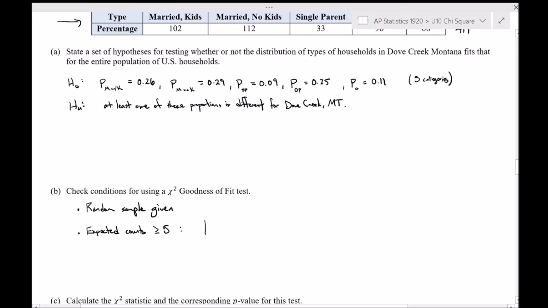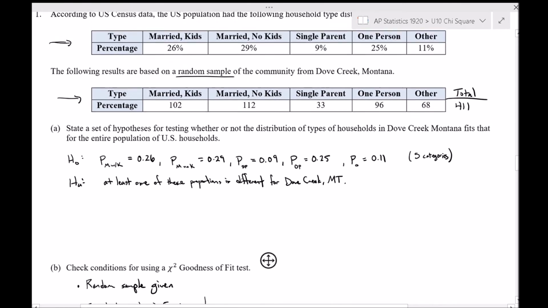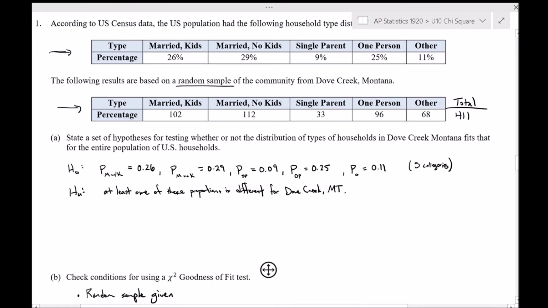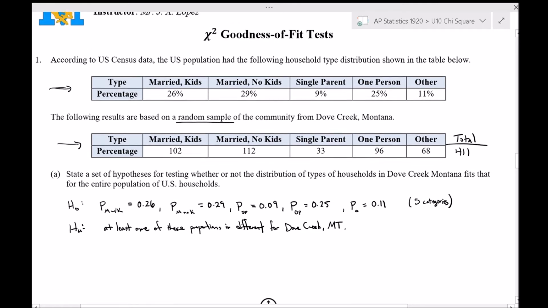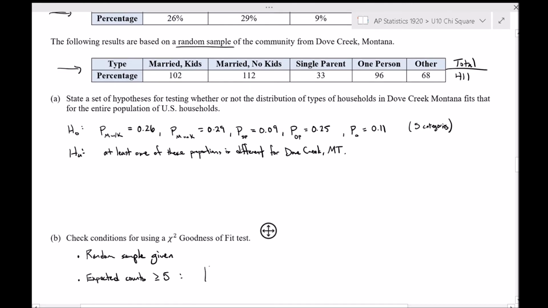So for the married with kids, the first category, expected count, there was 411. We were expecting 26% to fit in that category according to the US distribution, so 0.26 times 411. So 0.26 times 411, and the expected value is 106.86.